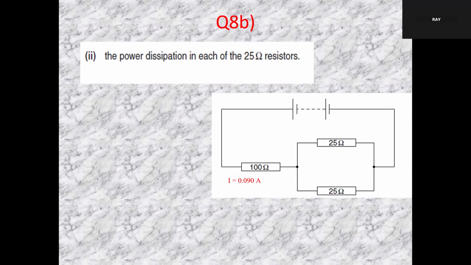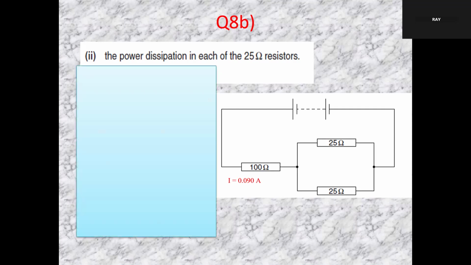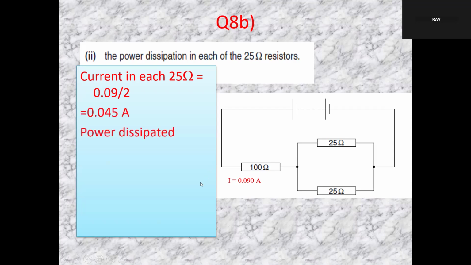Oh, in each. So it's just one only. What current do you use? The current in each of them is half of this one, because they are the same. And power dissipated in each of them, I squared R, correct?